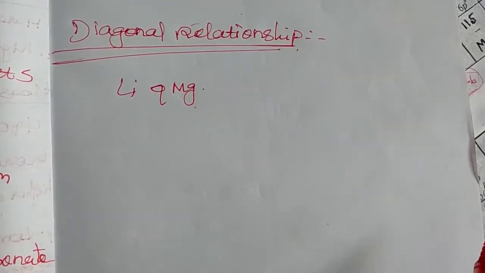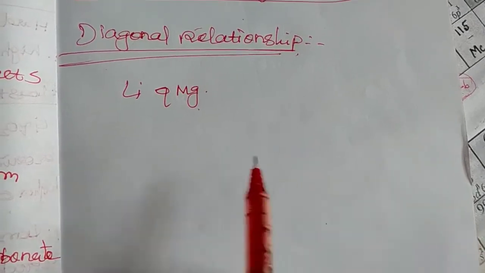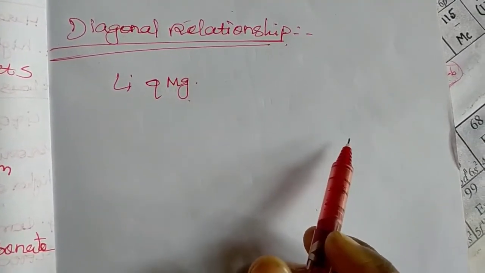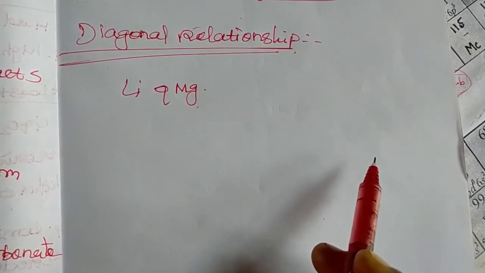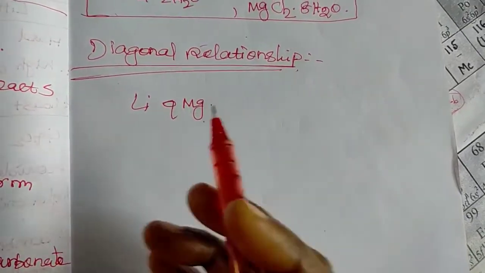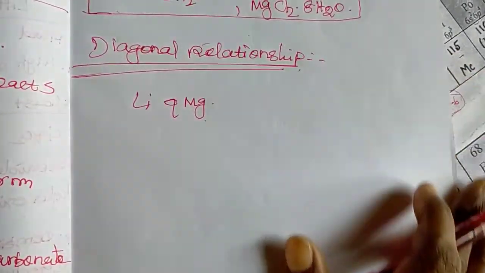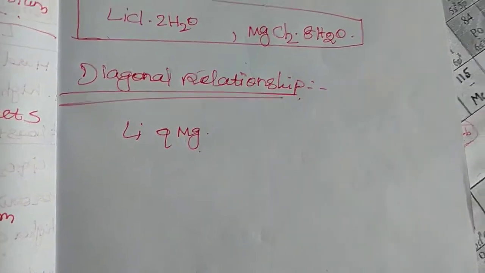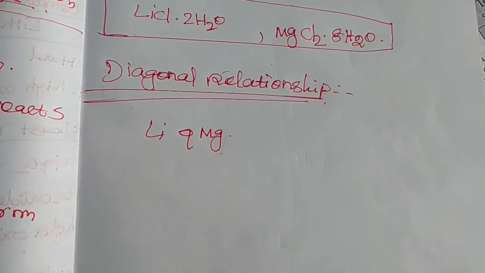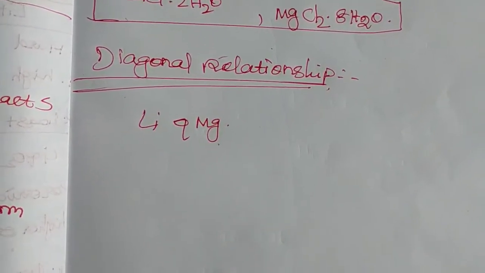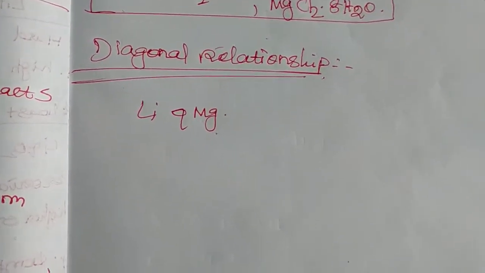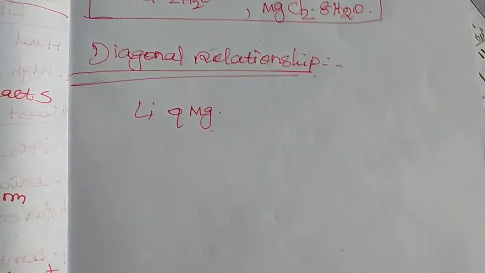This relation is called diagonal relationship. What makes them have this relationship? It is because of the size.